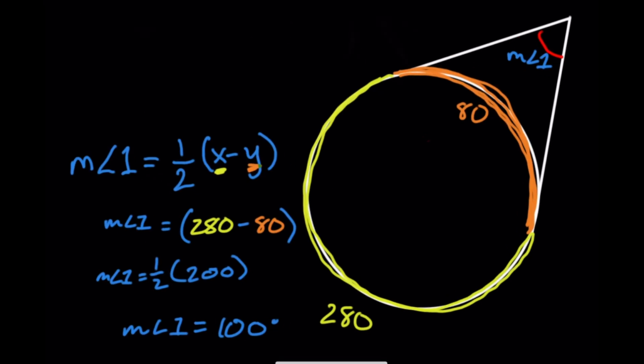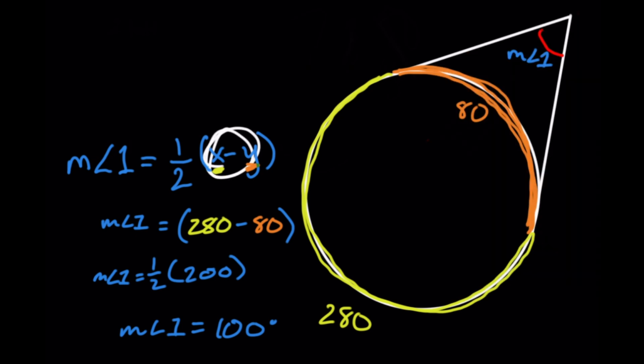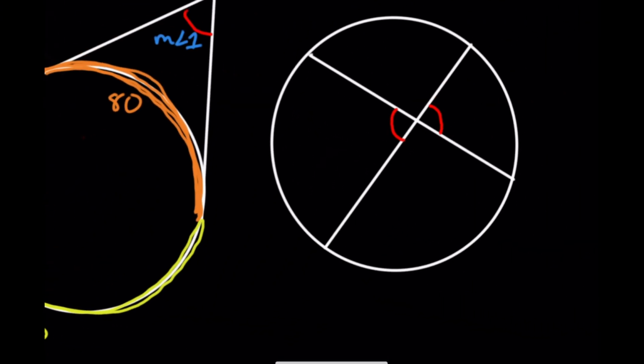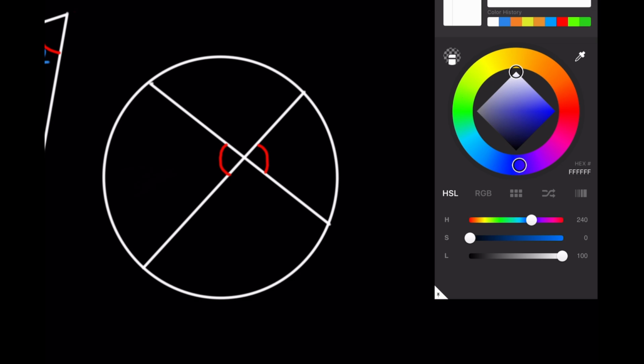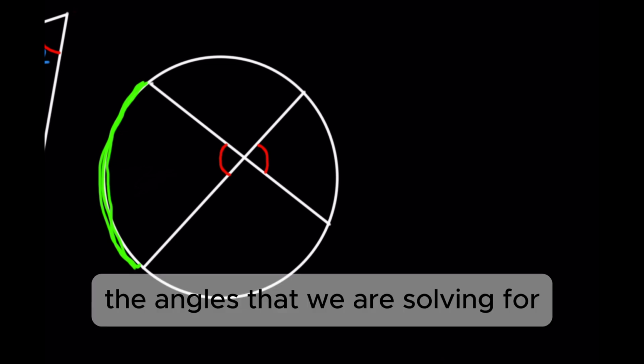So this one is basically the same formula, but I said sum, so inside the parentheses it wouldn't be a subtraction sign, it would be an addition sign. We're going to use the arcs that are across from the angles we're using in our formula.